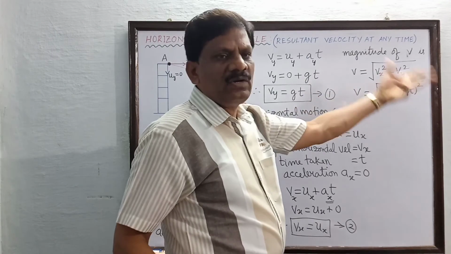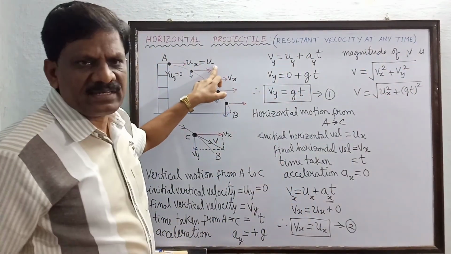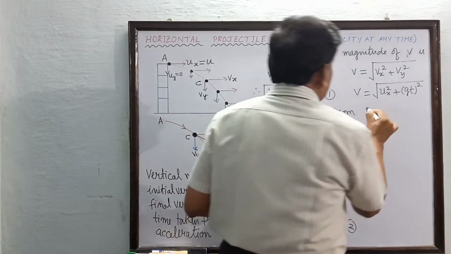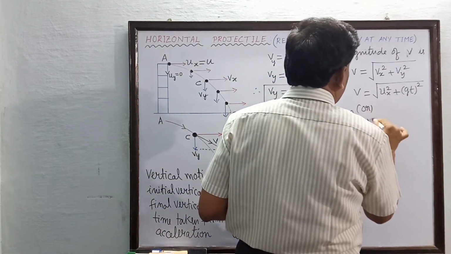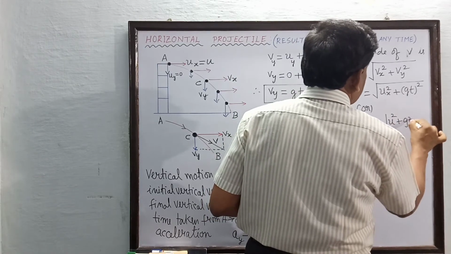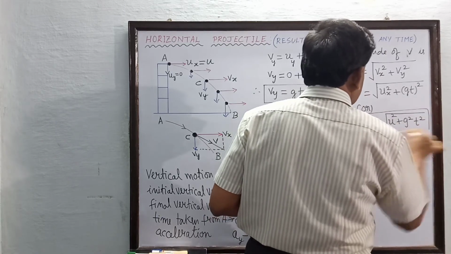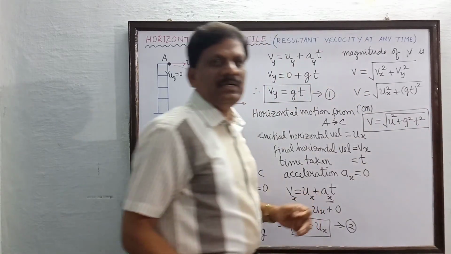Taking Ux as u itself, v is equal to square root of u square plus g square t square. So this is the magnitude.